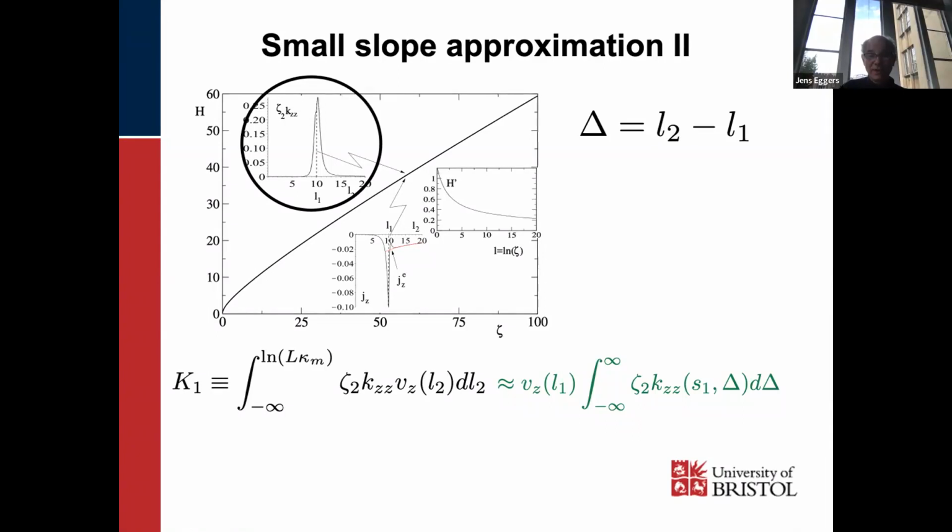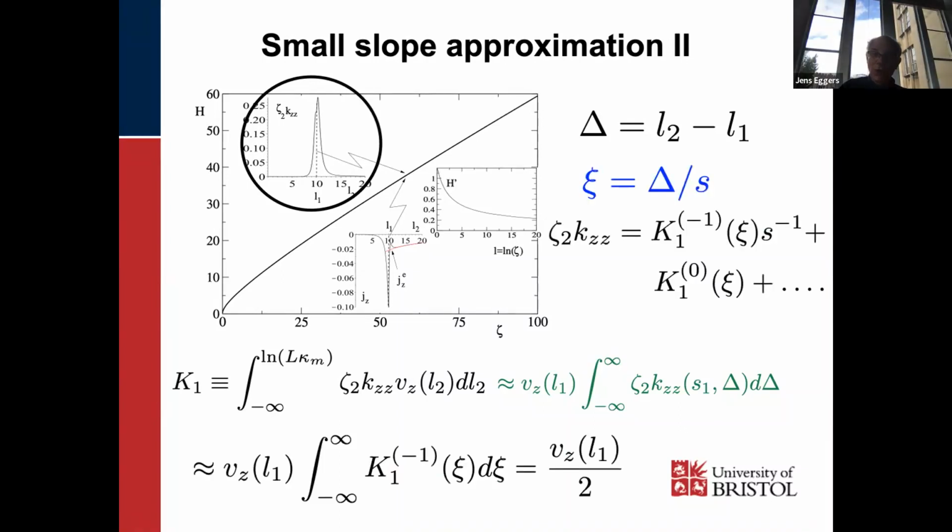How I calculate this integral, I'm not going to show you in great detail, but the idea is that for small slopes, this peak becomes narrower and narrower, and I can perform an expansion in the narrowness of this peak.